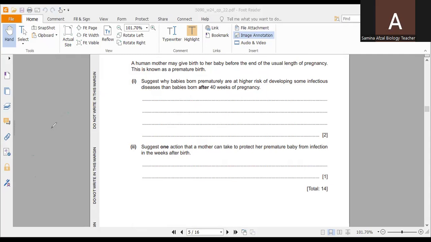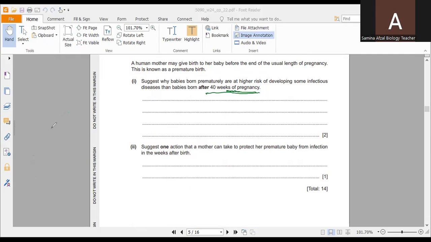Students, there are 40 weeks of a complete healthy pregnancy. If sometimes the babies are born prematurely, that is, they are unable to complete their 40 weeks as a fetus in the body of the mother, they are at high risk of developing some infectious diseases.